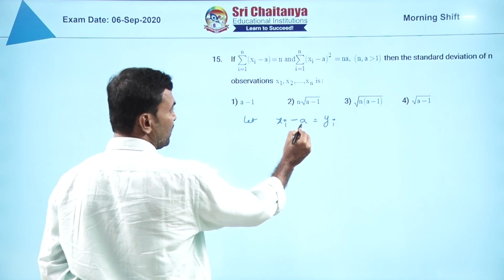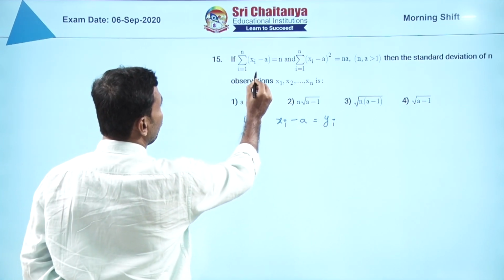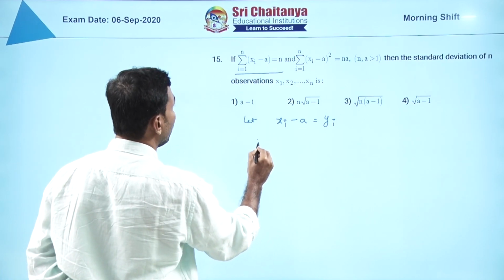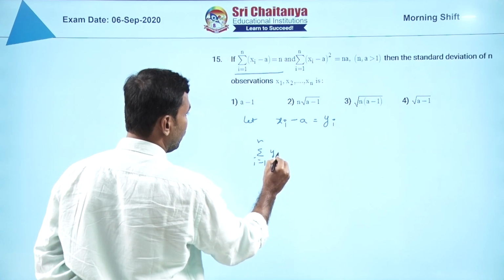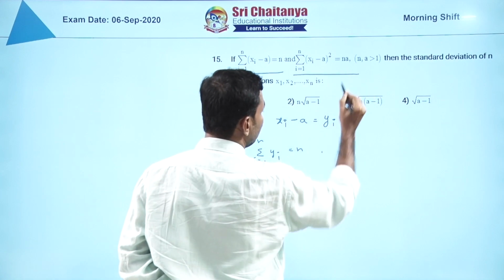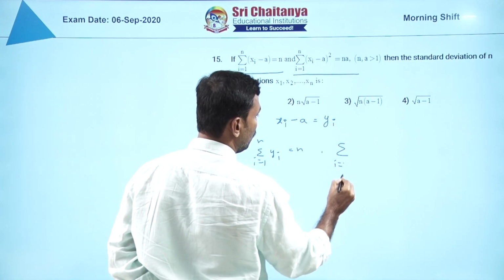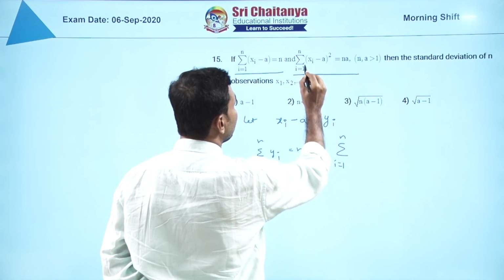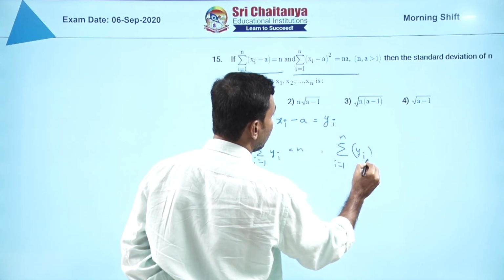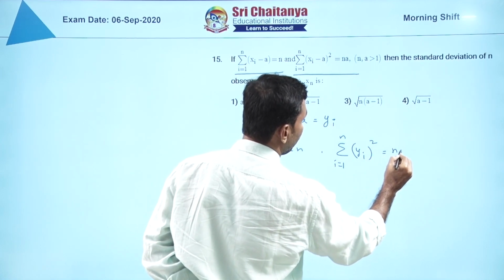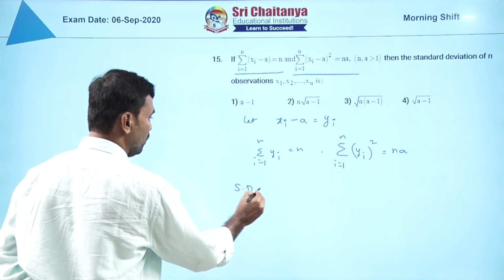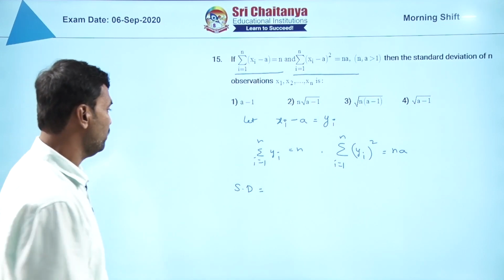Okay. Let xi minus a be equal to yi, then the first equation becomes sigma i equals 1 to n of yi is equal to n, and from sigma i equals 1 to n of (xi minus a) whole square, I am taking yi, therefore sigma yi square is equal to na. Now, what is the standard deviation formula for the yi's?